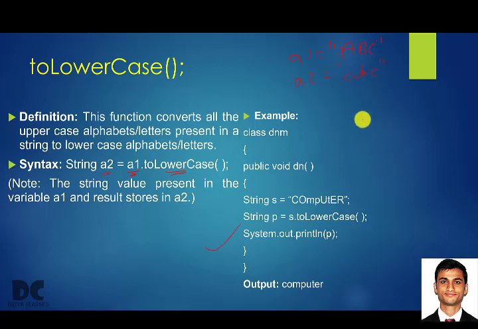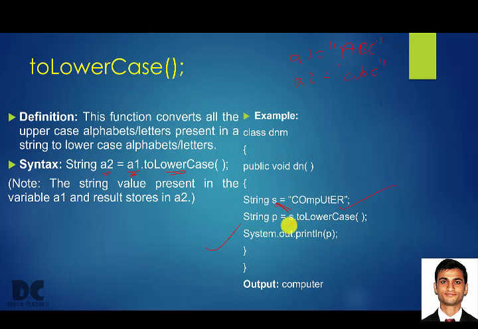Here we have an example. So here in the string S, Computer was stored, which contains a mixture of capital and small letters. In which variable? In S. So whatever variable you want to convert, you have to write variable dot. Okay, this should be same. If you write P here, P doesn't have anything now.